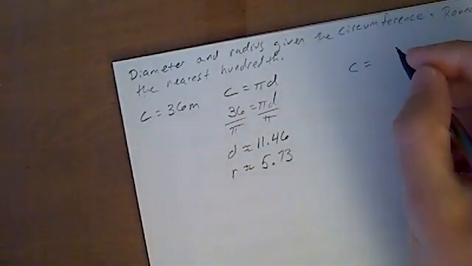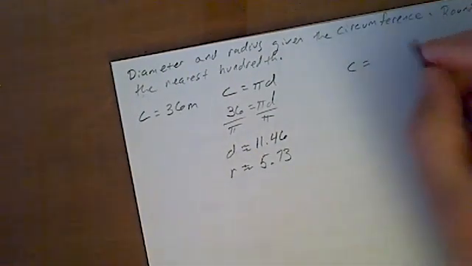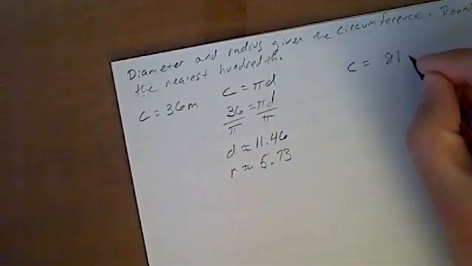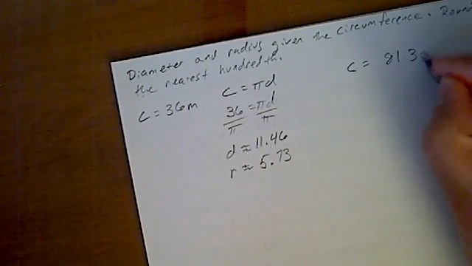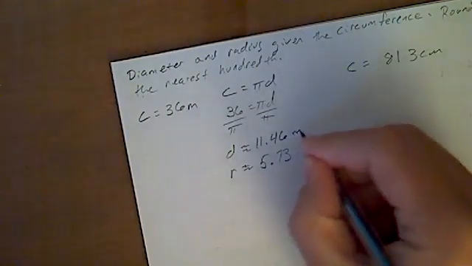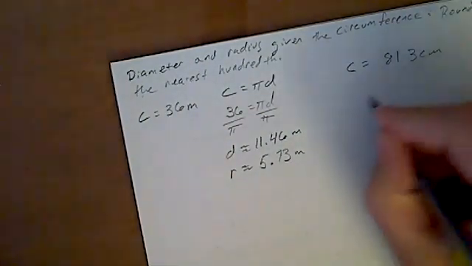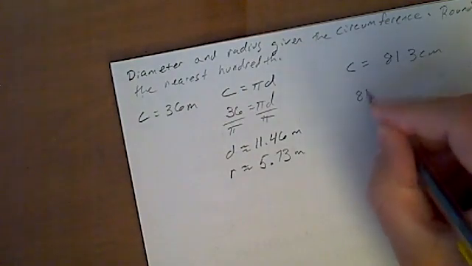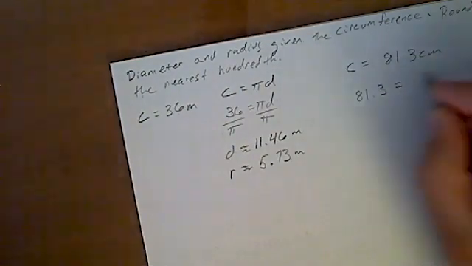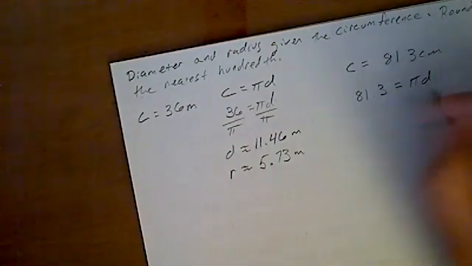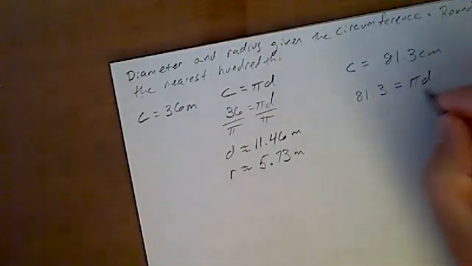If we were given the circumference was 81.3 centimeters, again, pi times the diameter gives us the circumference.